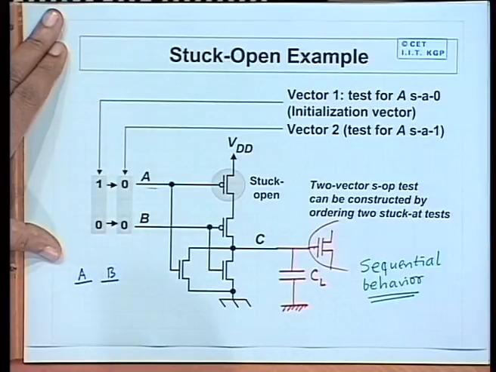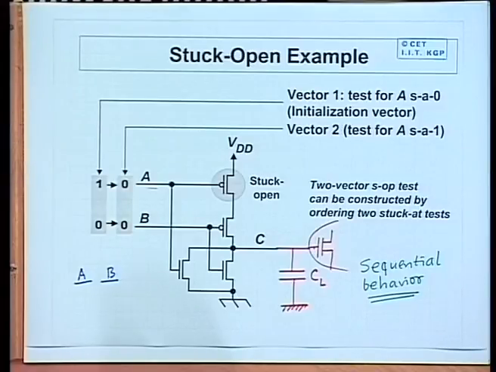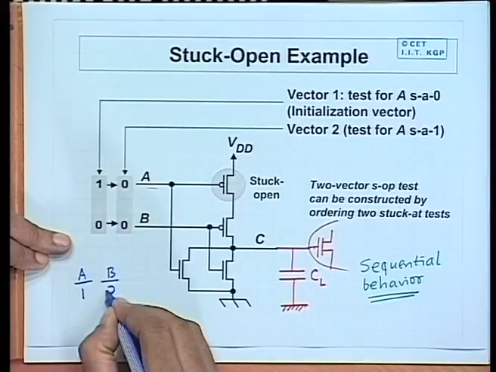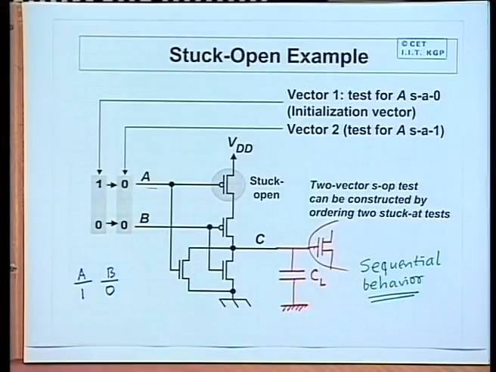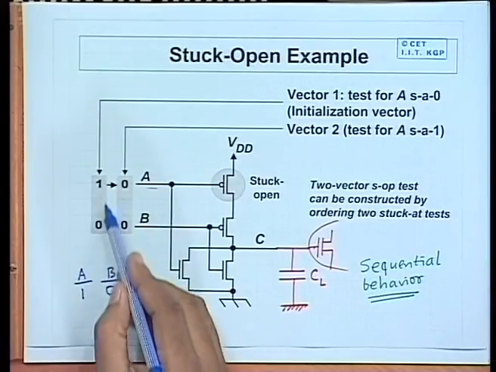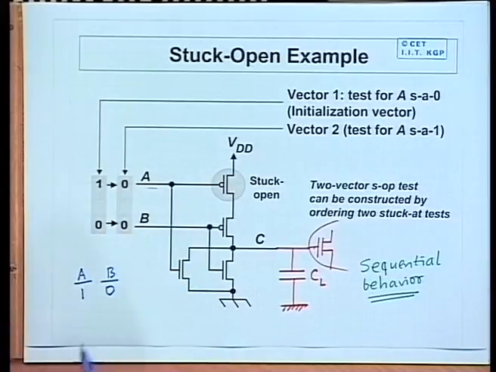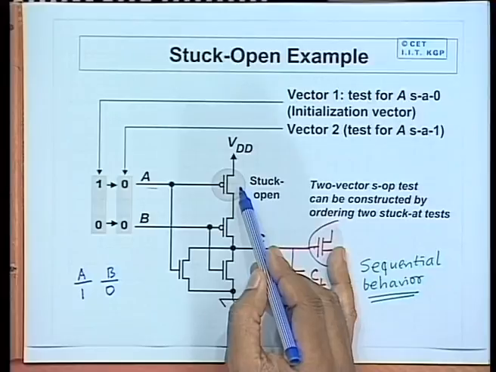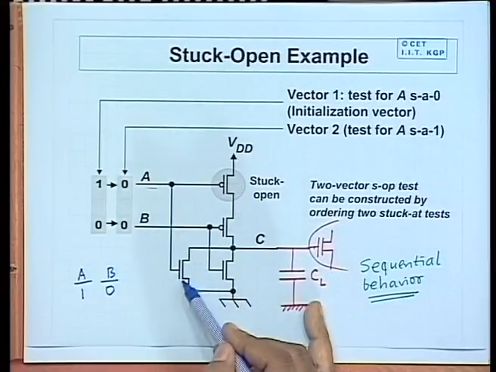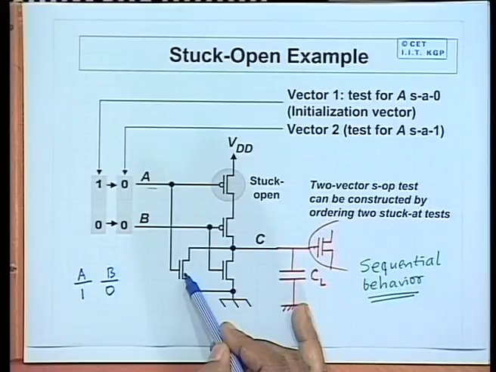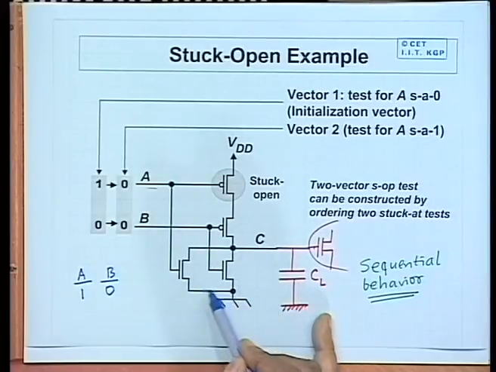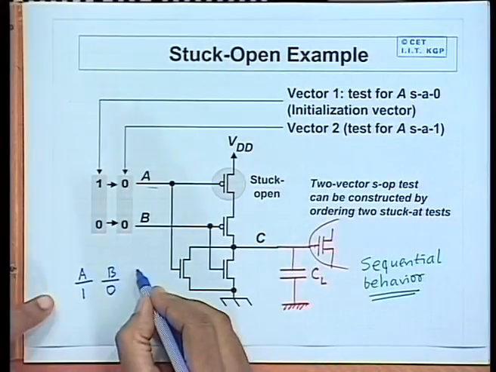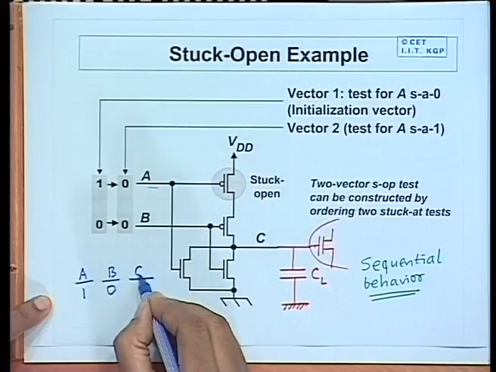Suppose I apply an input pattern 1 0, as this shows A is 1, B is 0. These are PMOS transistors, so this will be off, this will be on, and one of the bottom transistors will be on. So, the output will be connected to ground and this capacitor CL will get discharged. So, the output C will be at 0.